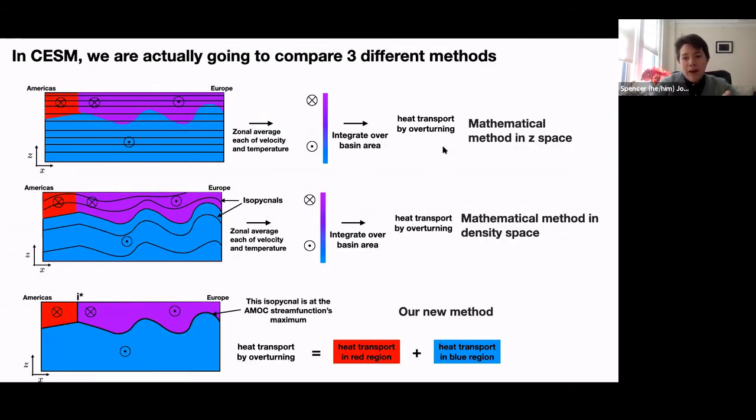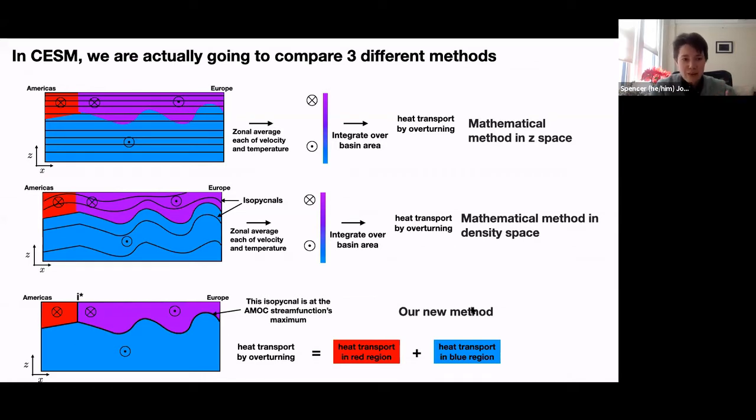So I'm going to compare three different methods in the CESM. The two methods that I've talked about before: the heat transport coming from the zonal average in depth space, which I'm going to call the mathematical method in Z space, and this new method I've come up with where you divide up the domain into three regions.